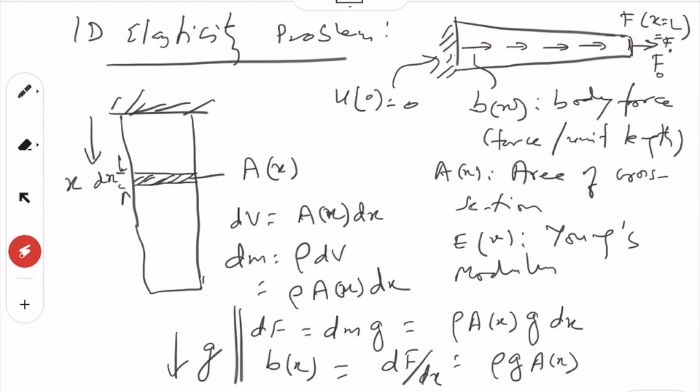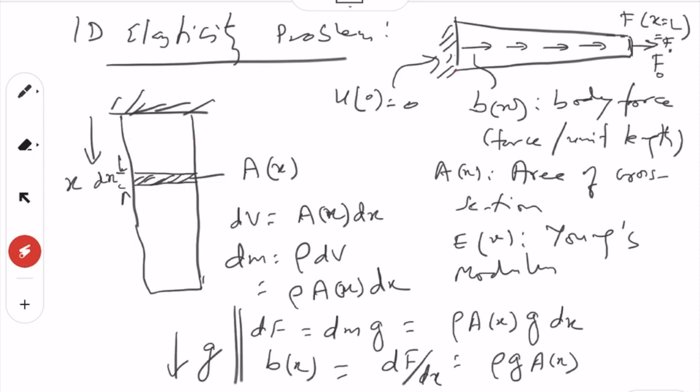Maybe this bar is in a magnetic field, for example, and because of this there may be a magnetic pull, and this pull may be written as Bx, the body force, which will be dF over dx.